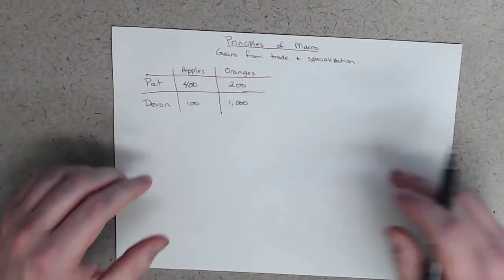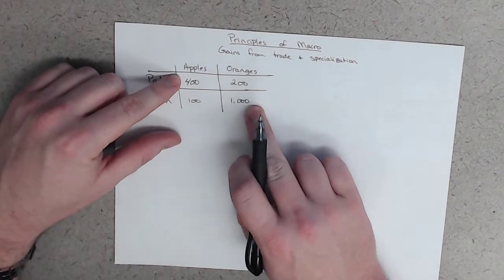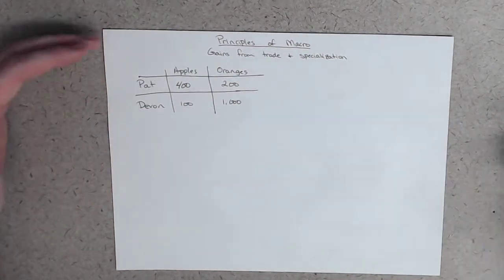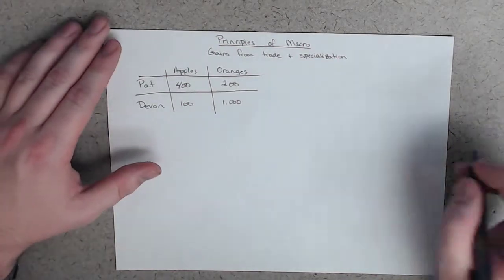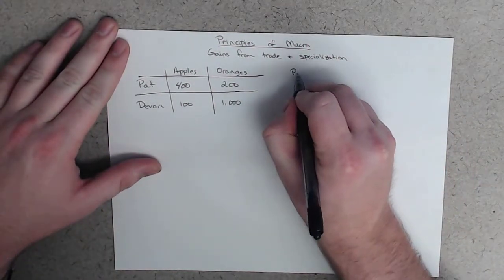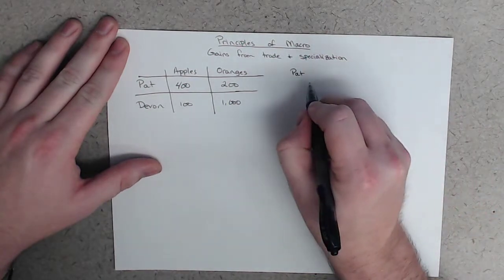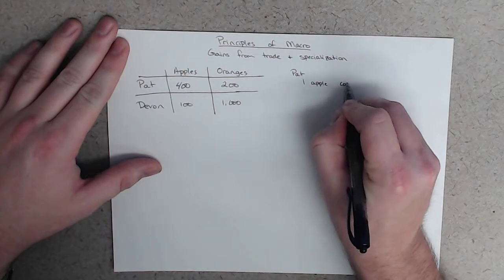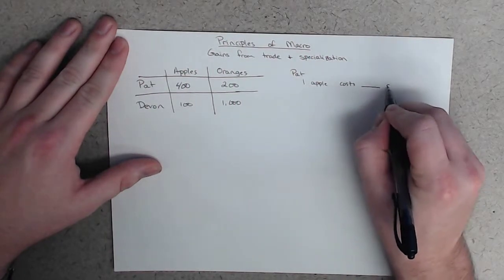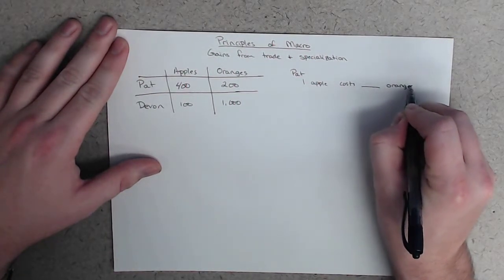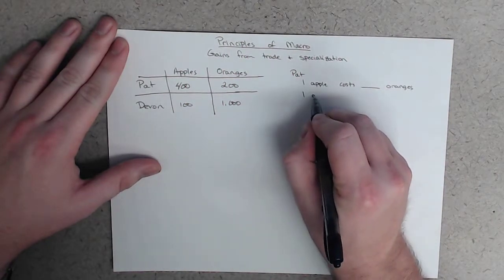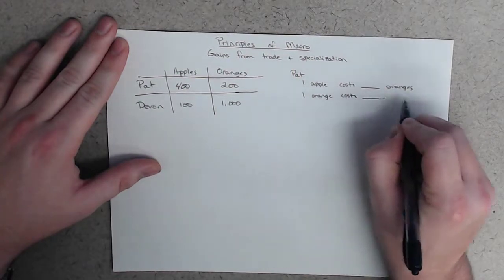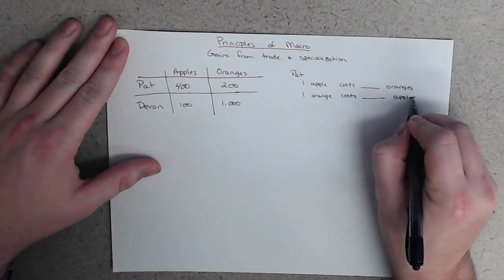And so they also have the same comparative advantages, right? Pat has a comparative advantage in apples. Devin has a comparative advantage in oranges. But let's go through just real quick, just for some review. So for Pat, one apple costs some number of oranges, and one orange costs some number of apples.